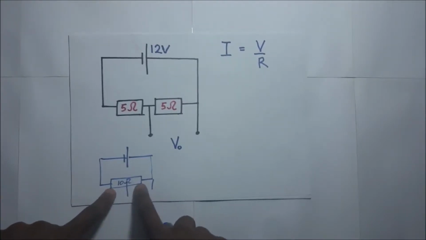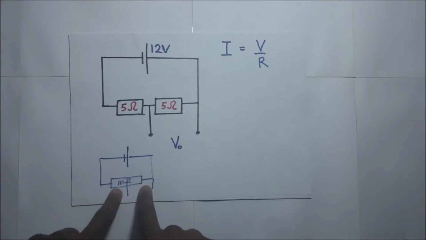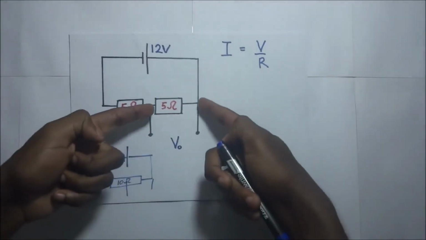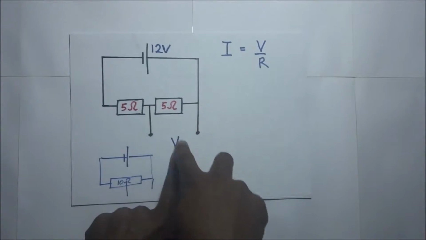Let's say that this continuous conductor has been split into two resistors of 5 ohms, 5 ohms. And now we are required to find the output voltage where there is the 5 ohm resistor.